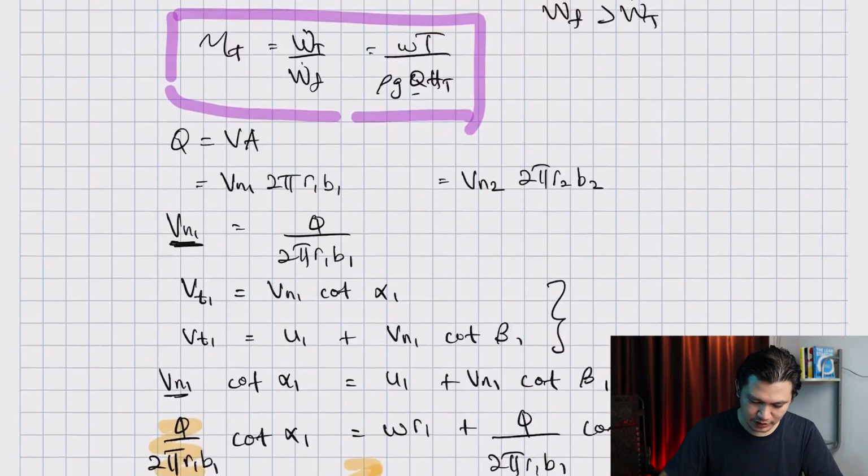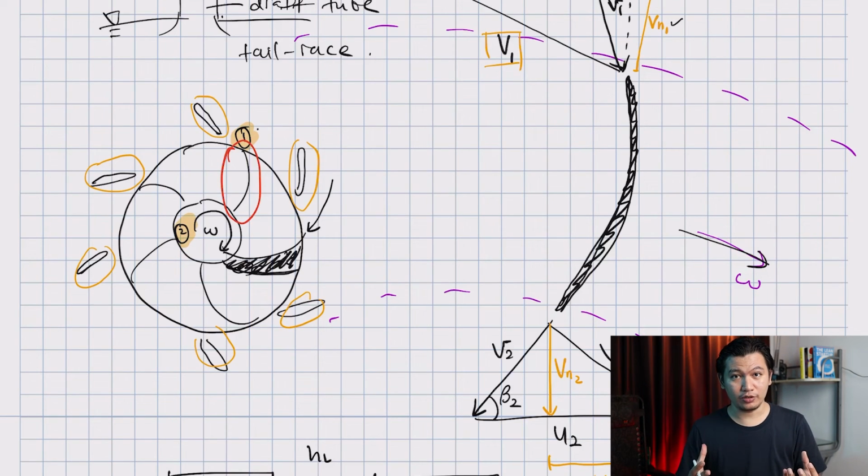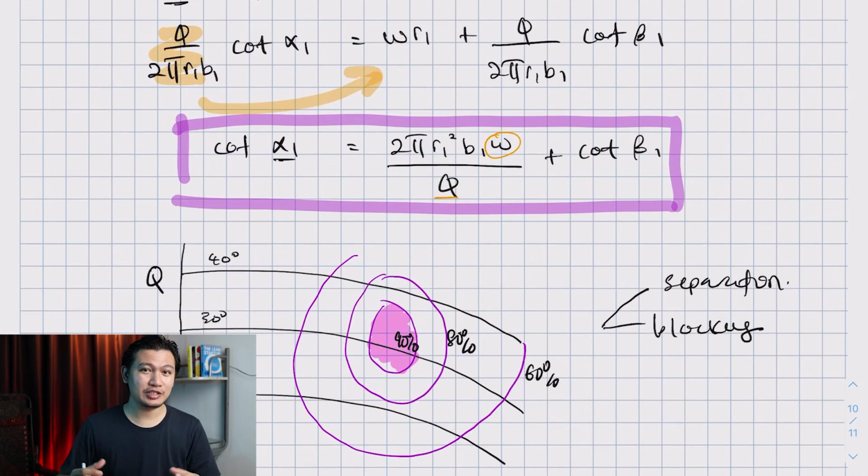So if you have a passage that looks like this, and the flow is coming in like this, and you have the separation developed here, this region is basically unusable for the primary flow to go through. This means you have blockage, and that definitely can reduce the efficiency.